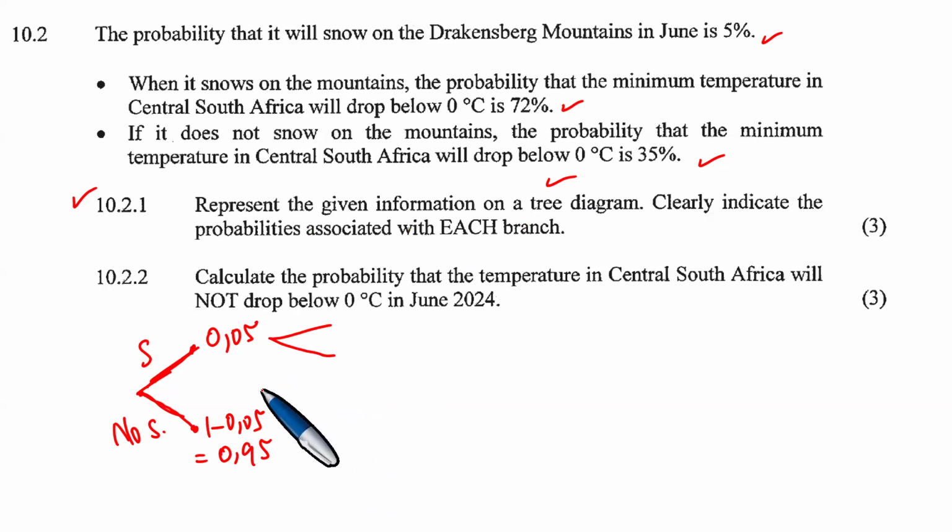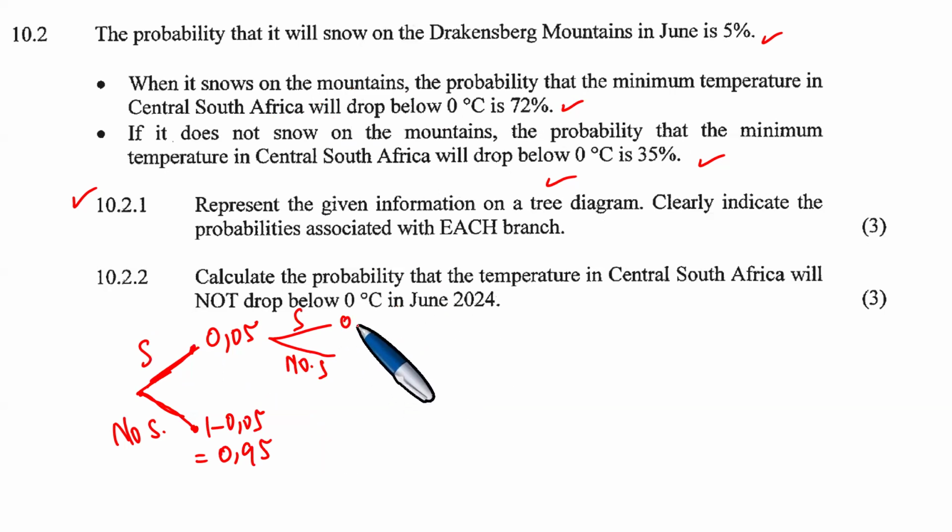Right, so now let us look at the following. Either it snows or there's no snow. When it snows on the mountains, the probability that the minimum temperature in central South Africa will drop below 0 is 72%.